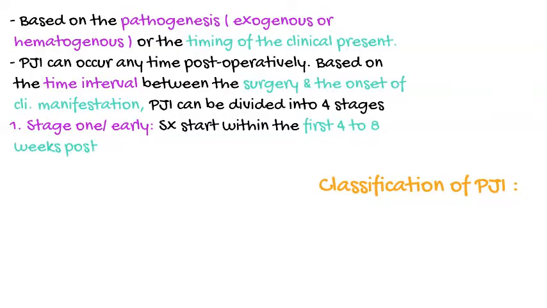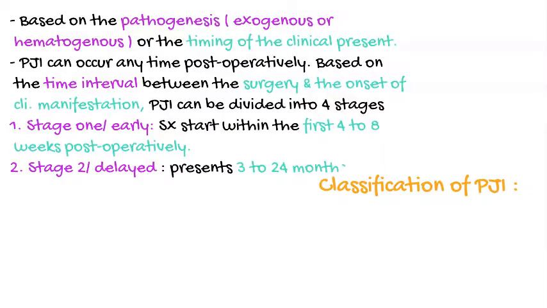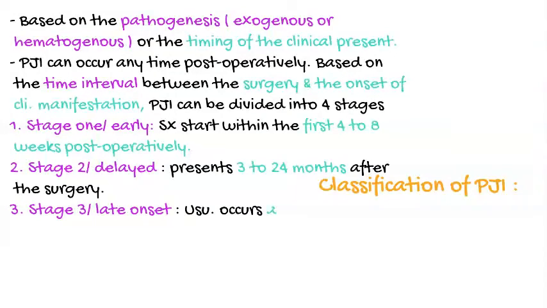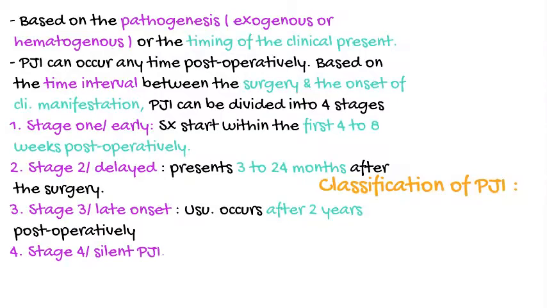1. Stage 1 or early PJI. The symptoms start within the first 4 to 8 weeks post-operatively. 2. Stage 2 or delayed onset of prosthetic joint infection. It presents 3 to 24 months after the surgery. 3.